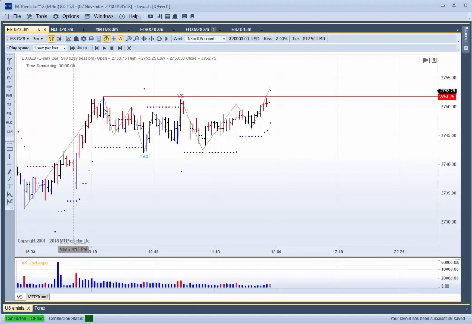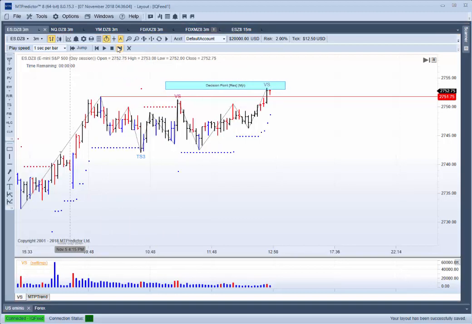But if we place our DP off this level here, remember these are leading indicators, they're on the chart in advance. Let's see what happens the next bar. If we go forward, you can see that the market failed to follow through. In other words, after the market had made a break to a new high, it basically fails to follow through and gives us a red sell bar. In other words, the market looks like it's faking out. It's not carrying on to new highs.